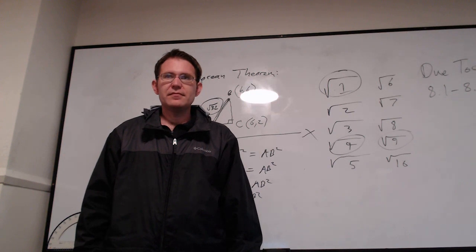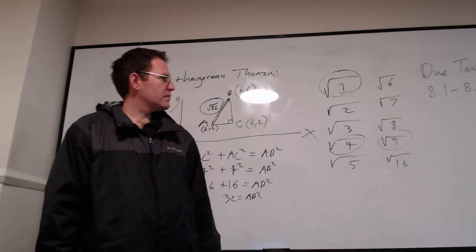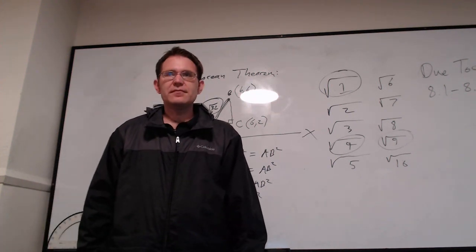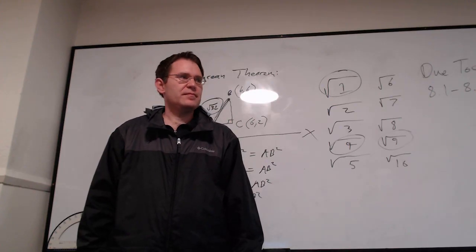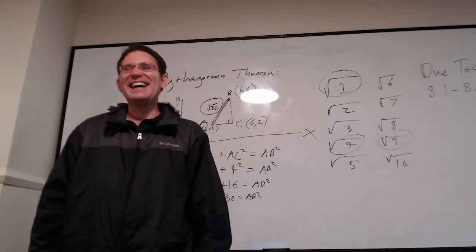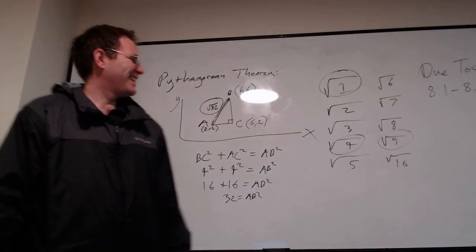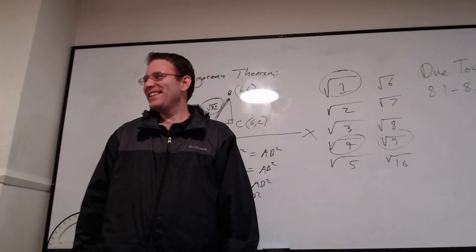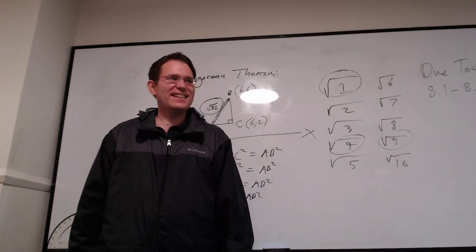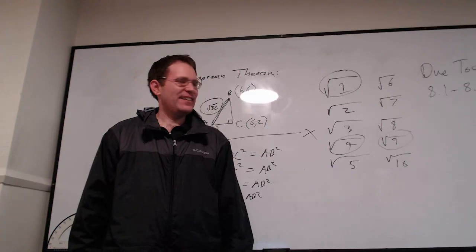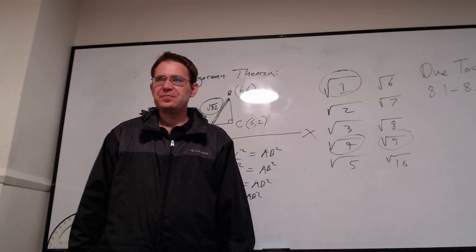After you do 2 or 3, what do you notice about each of those that are not circled? They give a decimal answer. And how far does the decimal go out? Too long. That's a great answer. All the way. So has everybody figured out how to do a square root on your calculator? That's the important thing.